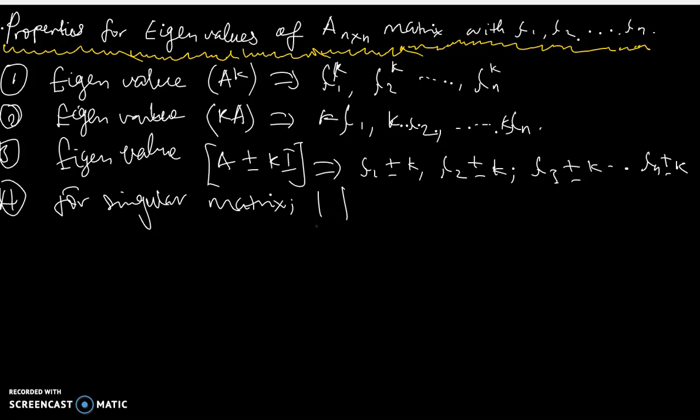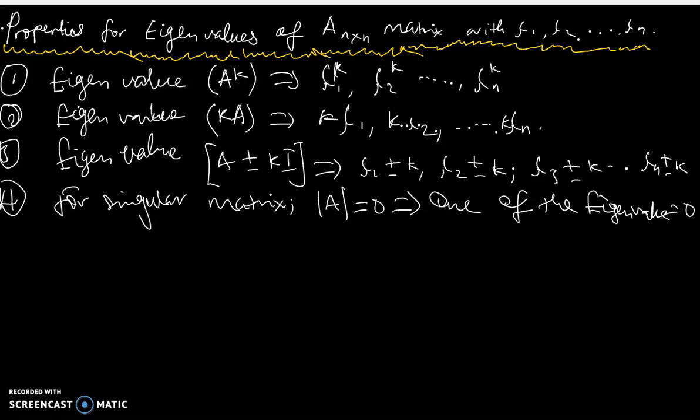When we are taking the modulus of this matrix, we are simply required to take the determinant, and the determinant of this matrix must be equal to 0, of course, and this is mathematically equivalent to one of the eigenvalues being equal to 0. So one of the eigenvalues must be equal to 0. This also is one of the properties of eigenvalue.